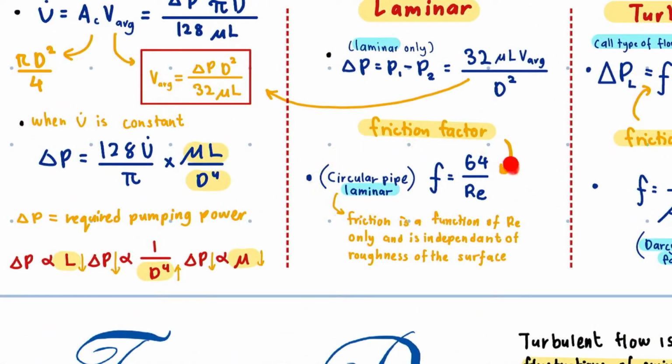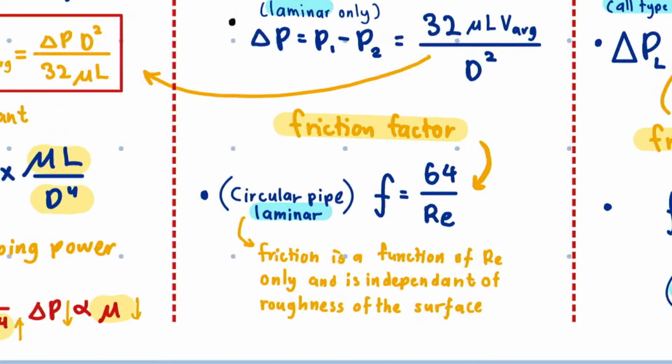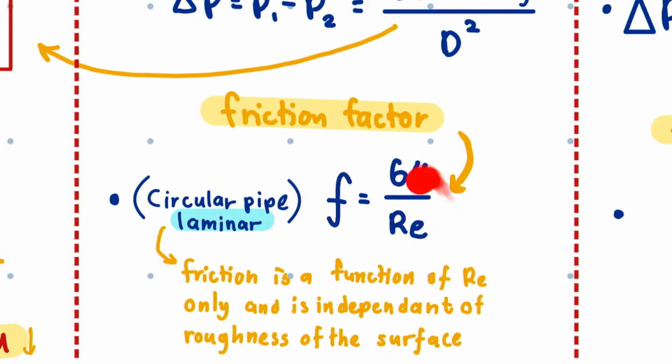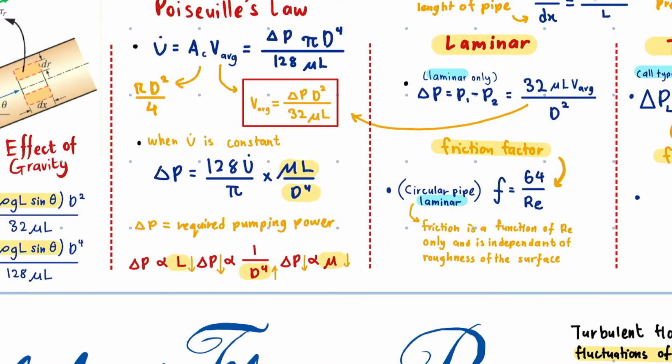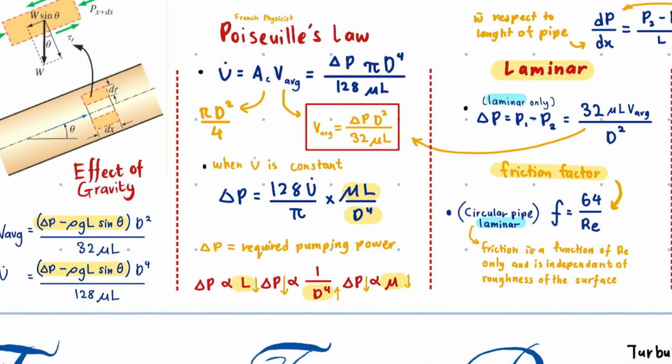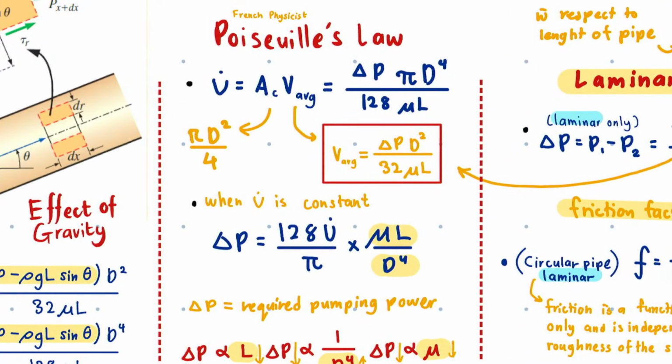This is the friction factor for laminar flow. As you can see, it is quite linear. So from this equation we have a derivation that came from Poiseuille's law.